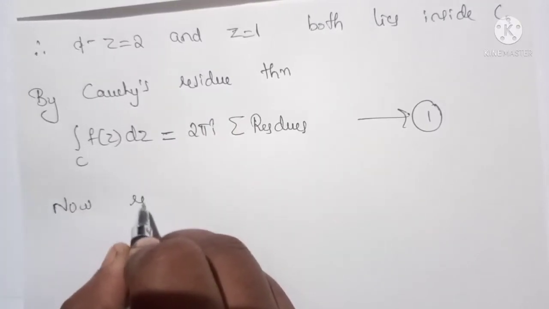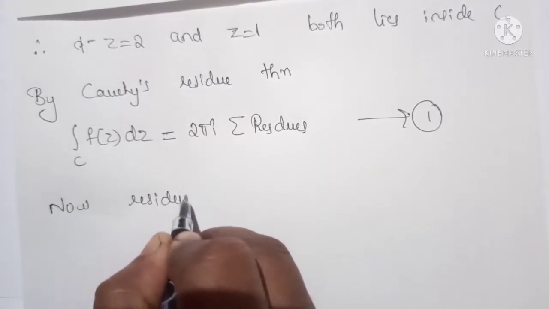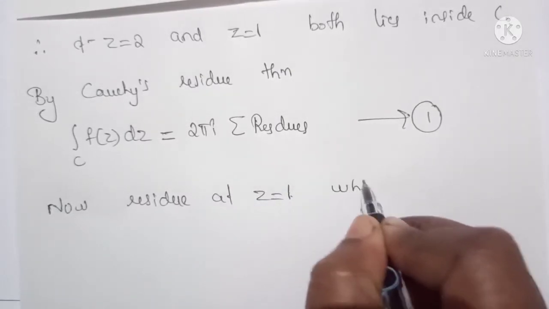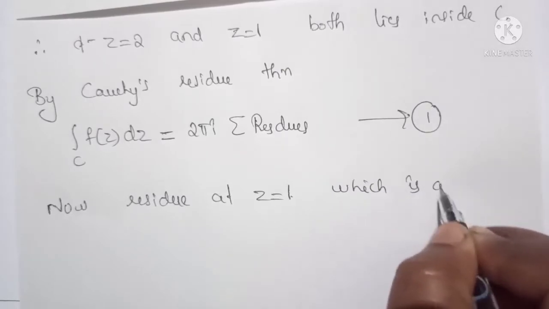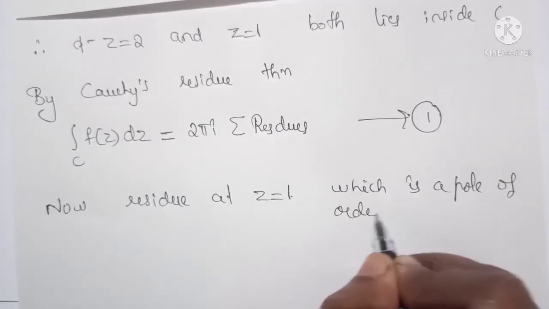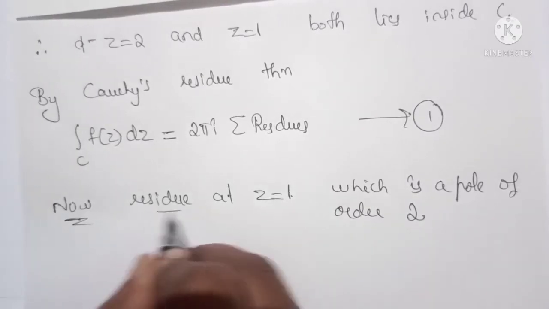Now the residue at z equals 1, which is a pole of order 2.